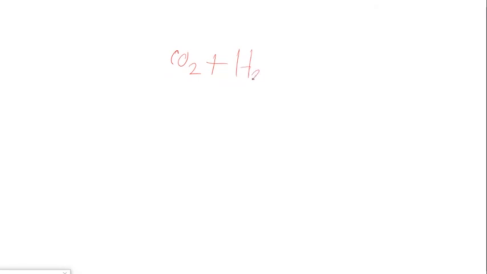If it reacts with water, actually there is an equilibrium in this equation. The water in that case will react with the CO2 forming H2CO3. The H2CO3 will act as a weak acid.